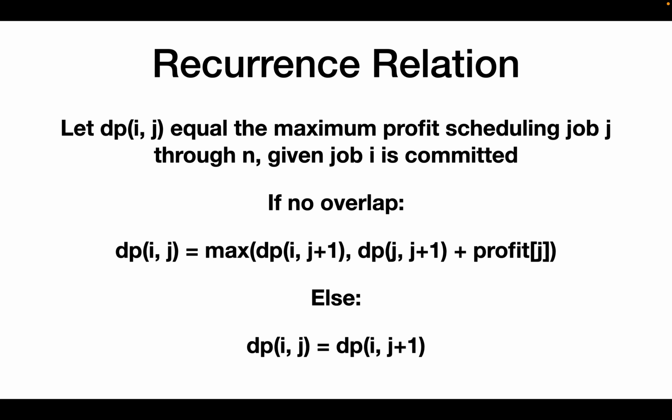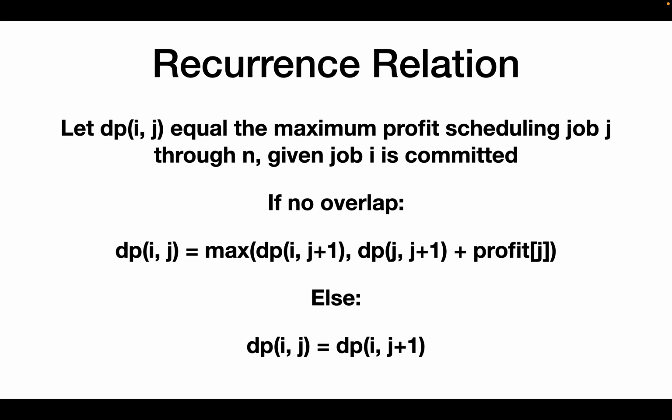If no overlap, dp of i and j equals max of dp of i and j plus 1, dp of j and j plus 1 plus profit j, else dp of i and j equals dp of i and j plus 1. Sorry, it's a mouthful, but basically we're just combining the scenarios that we were considering and figuring out which one gives me a better maximum value.